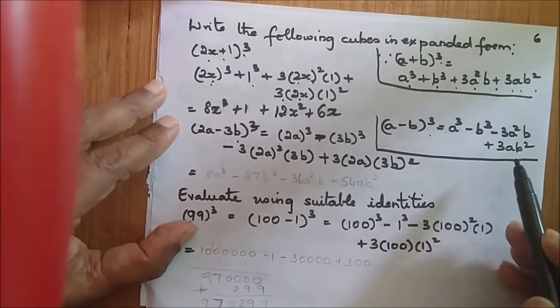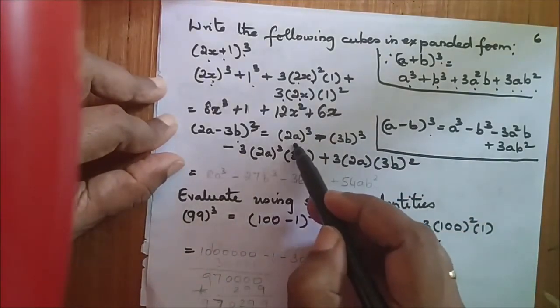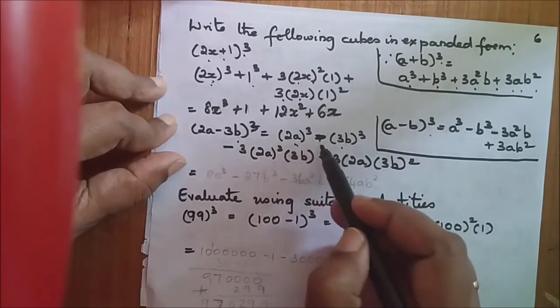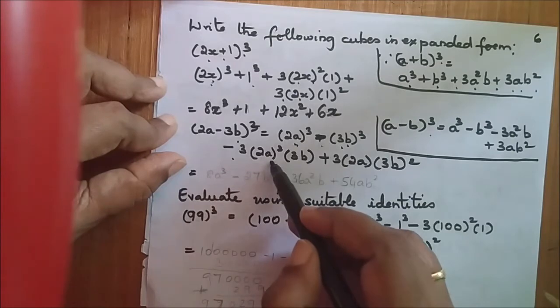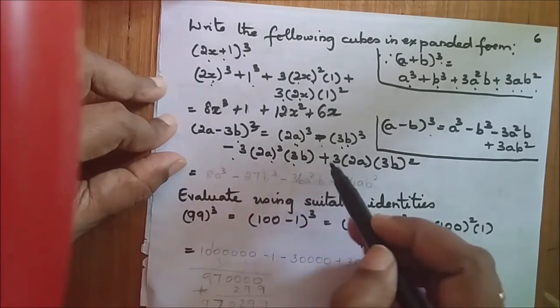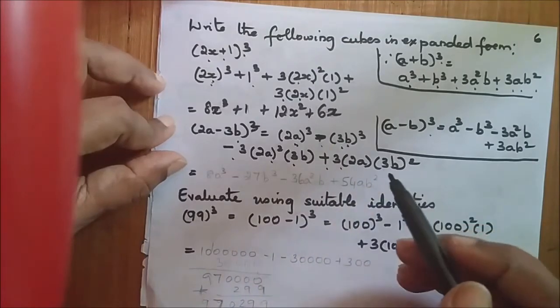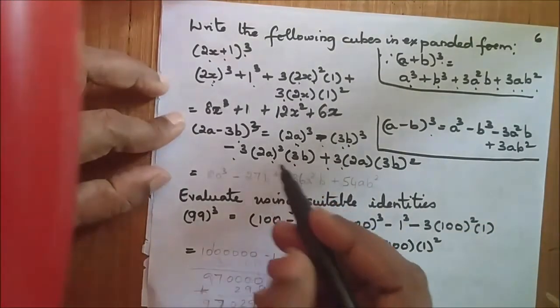So I will write here my a is nothing but 2a and b is 3b. So (2a) cubed minus (3b) cubed minus of 3 into (2a) squared into 3b plus 3 into 2a into (3b) the whole squared. Okay, so what is (2a) cubed?